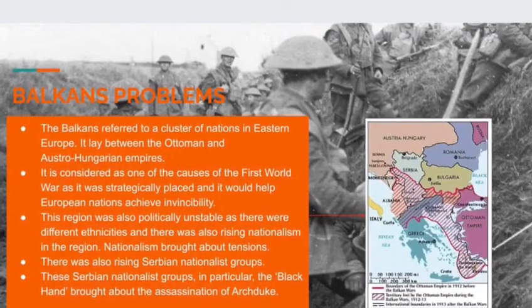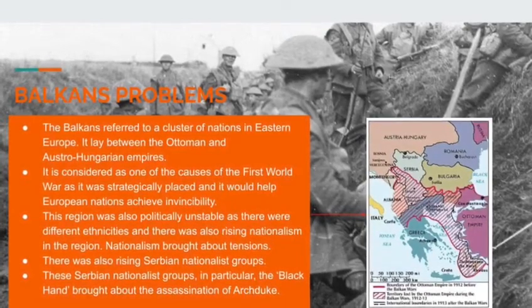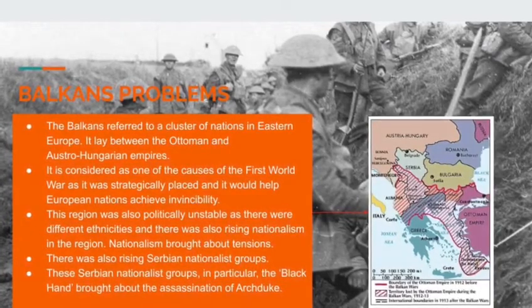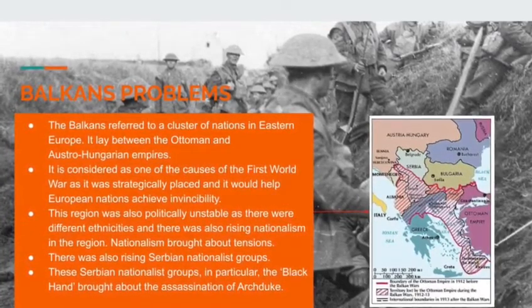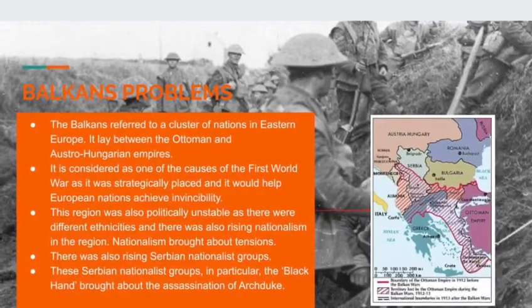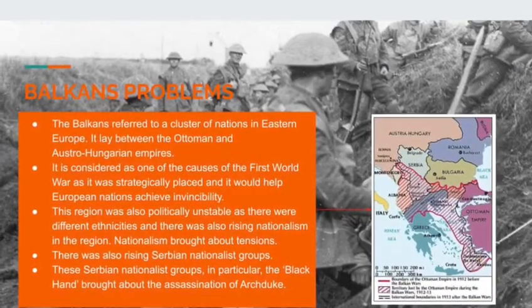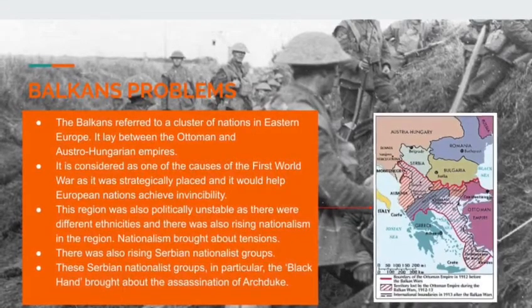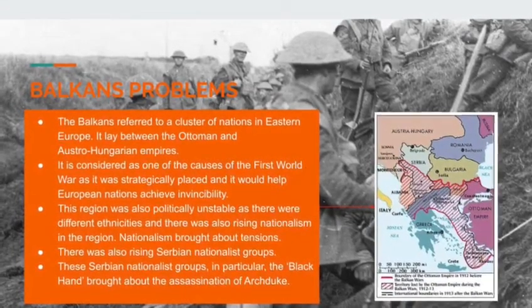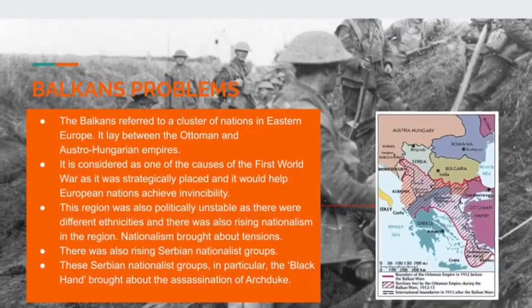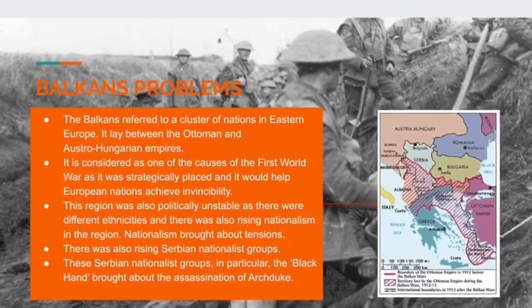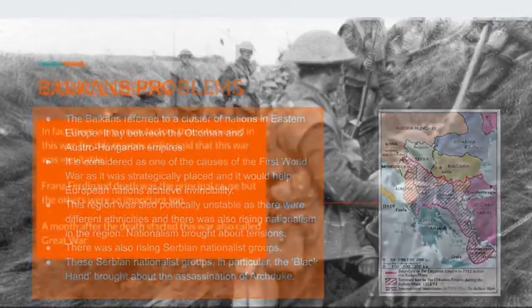Third, this region was also politically unstable, as there were different ethnicities and there was also rising nationalism in the region. Nationalism brought about tensions, and fourth, there was also a rising Serbian nationalist group. And fifth, this Serbian nationalist group, in particular the Black Hand, brought about the assassination of the Archduke.